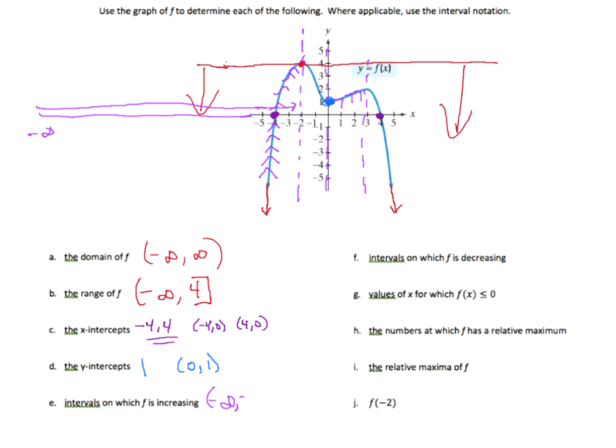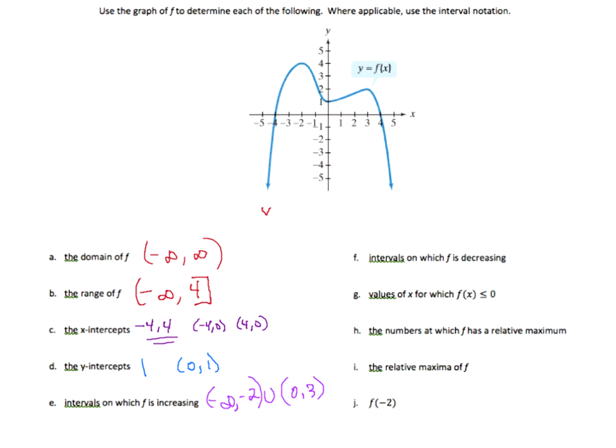So my increasing intervals are from negative infinity, and this is the negative infinity I'm talking about, all the way up to negative 2. I switched directions there. Then I switch directions again at an x value of 0, and I increase again all the way to 3.